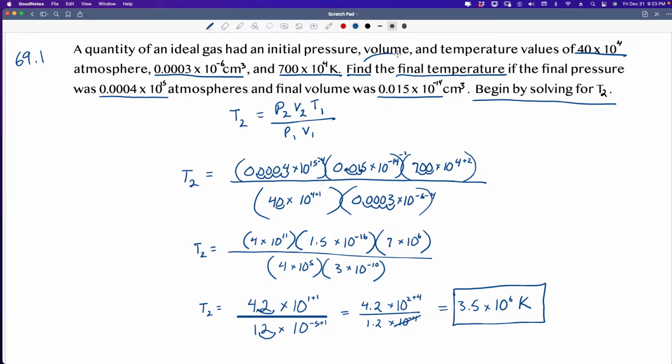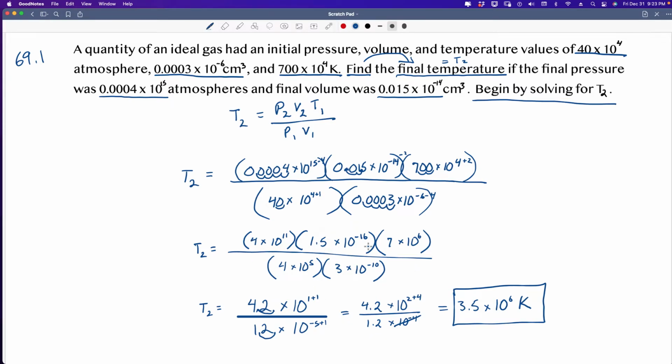Okay, find this, and that equals T2. So we take our original formula, we solve for T2. Then we drop these in just like substitution values into an equation. We simplified it into a better form of scientific notation. And then we just did the math.